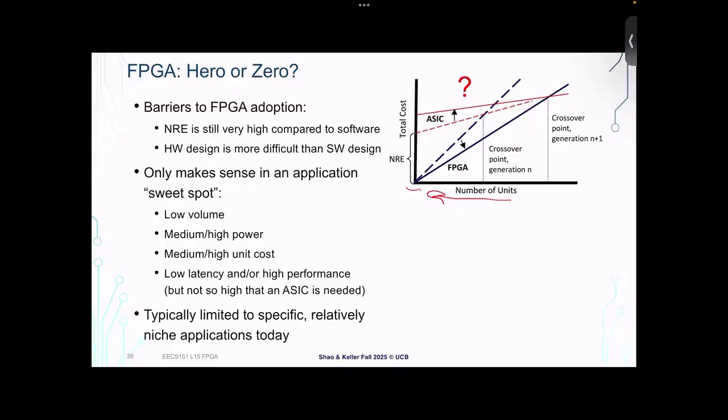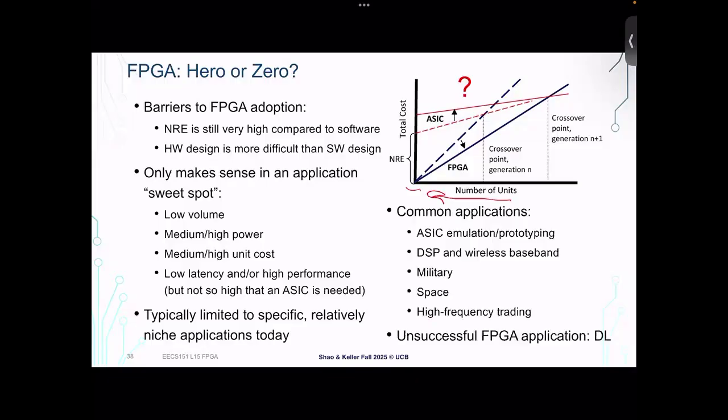I'd say in terms of taking over the world, ASICs have taken over the world and FPGAs are used for specific things. But that said, they do have some really important applications. And so you can think about, I won't step through all of these, but you can think about how these applications fit into these criteria that I just mentioned.